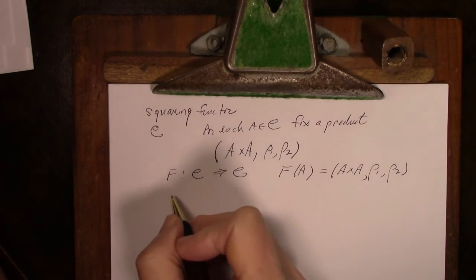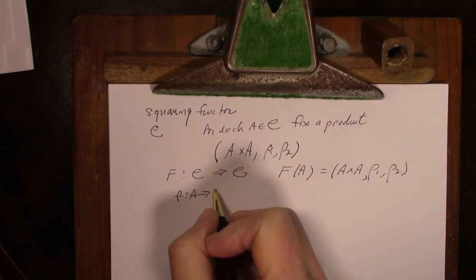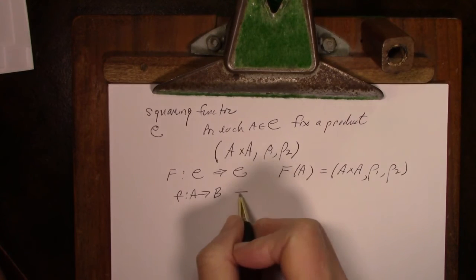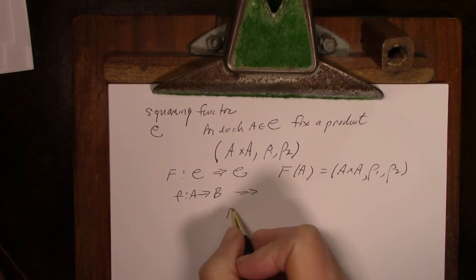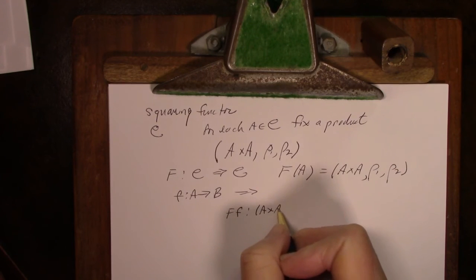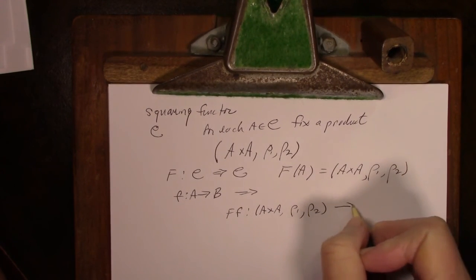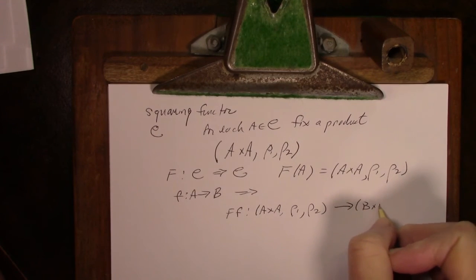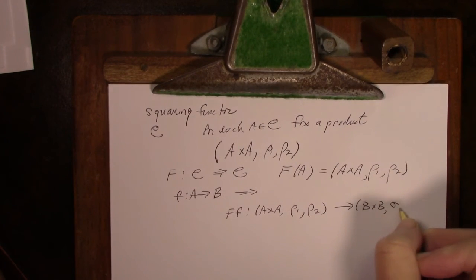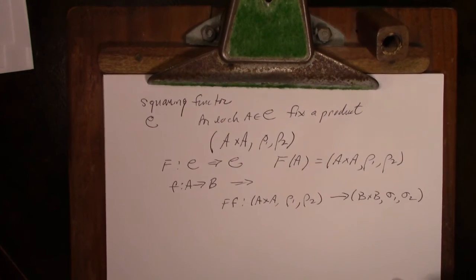Now what about morphisms? So we start with a morphism F from A to B. That has to lead to an image morphism A cross A, row 1, row 2, to B cross B. Say sigma 1, sigma 2, let's say, are the projections there.